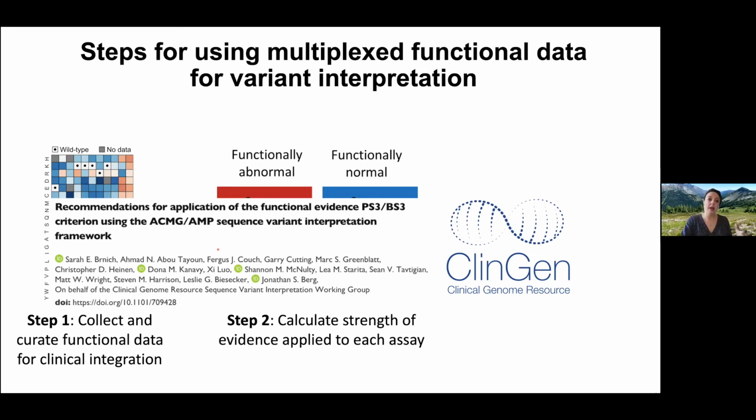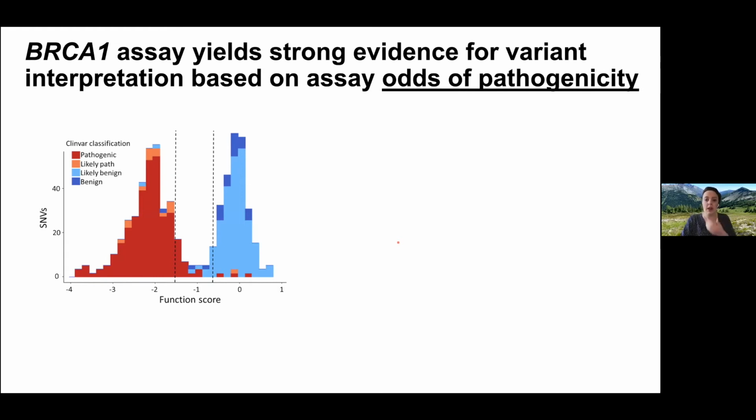Okay, and in this paper, the ClinGen sequence variant working group really set out to nail down how to use functional data in variant interpretation. And so we followed the guidelines in this paper. And so the odds path is a Bayesian framework that quantifies how well an assay is able to discriminate known benigns and known pathogenics.